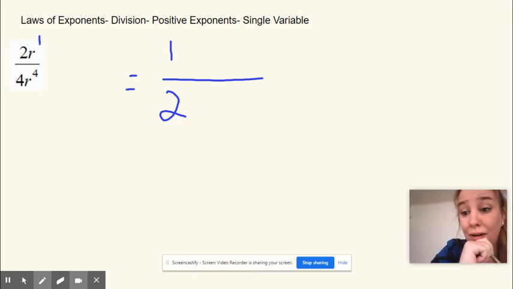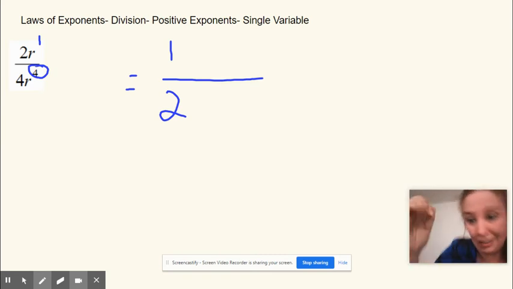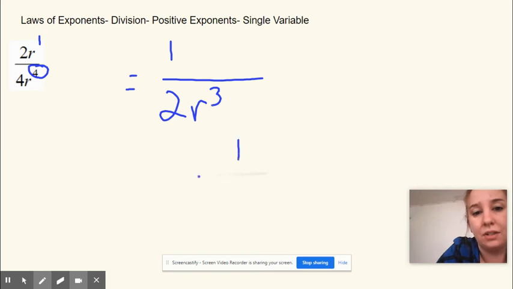Should it end up in the numerator or the denominator? It's going to go to the denominator because that's where the original bigger exponent is. That's where all the leftover r's are going to be after we cancel out and subtract. So 4 minus 1 is 3. And that's it, your final answer. I'm just going to clean it up: 1 over 2r to the 3rd.